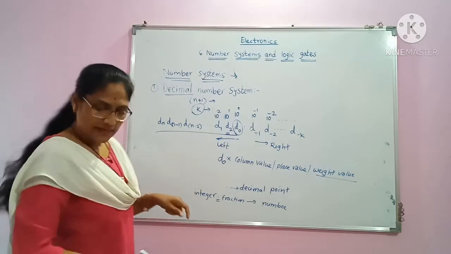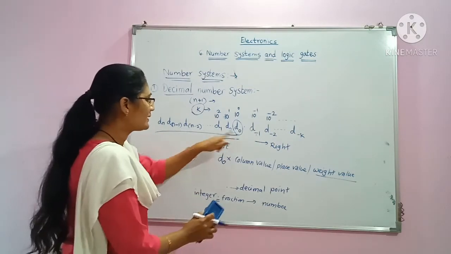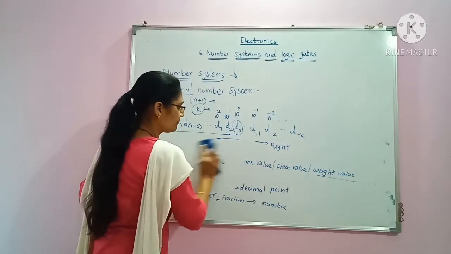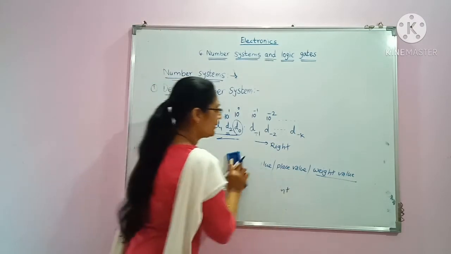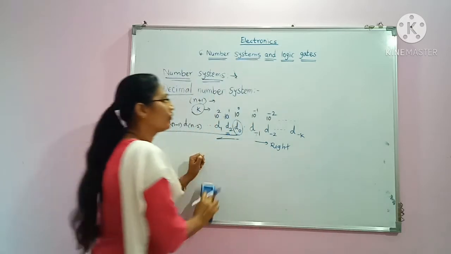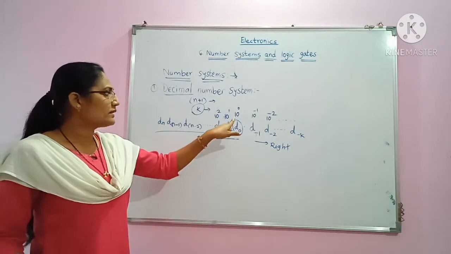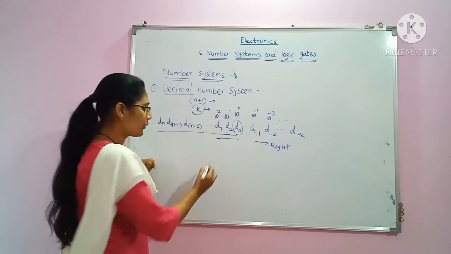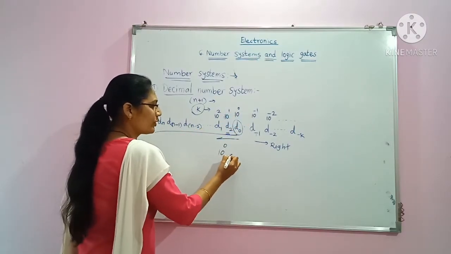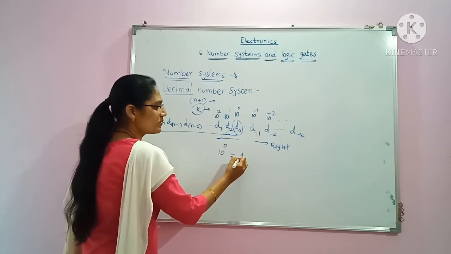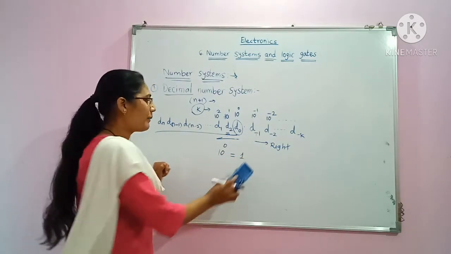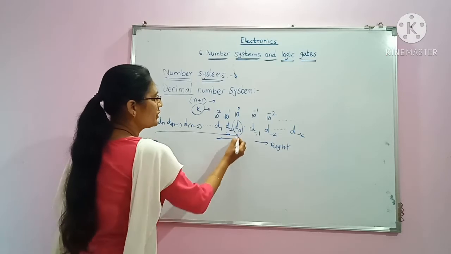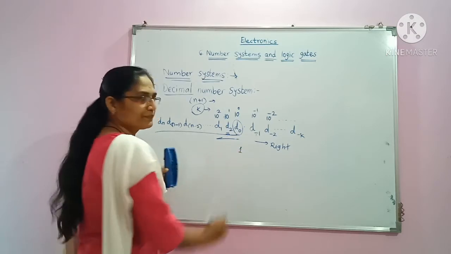It means that when I multiply this digit with 10 raised to 0, we know that anything raised to 0 means 1. So, I am multiplying this digit with 1.